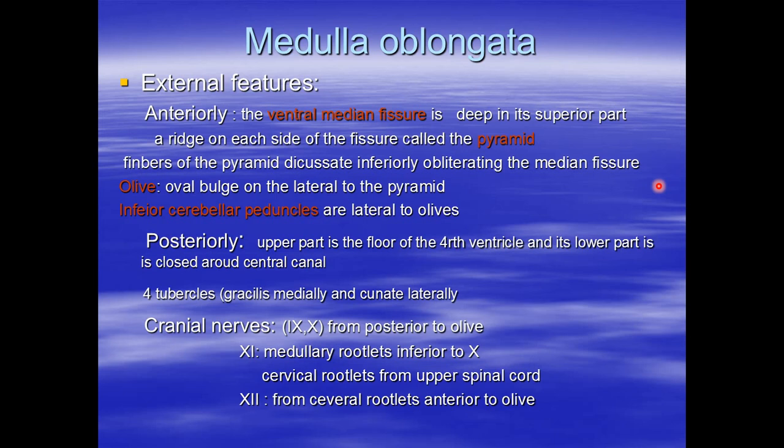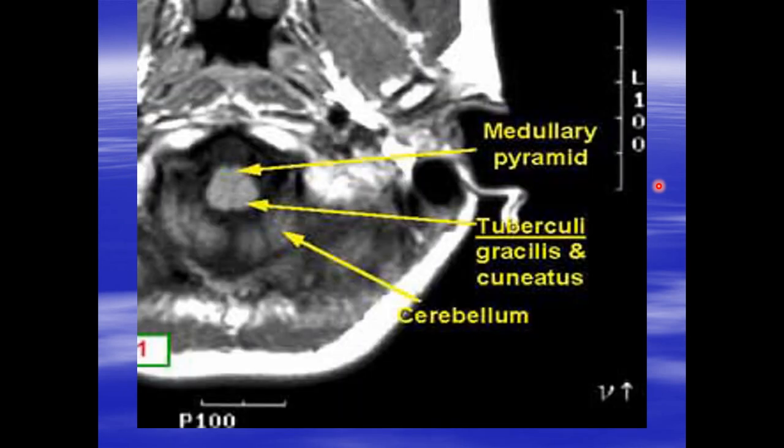The 11th has medial rootlets inferior to the 10th, cervical rootlets from the upper spinal cord, while the 12th cranial nerve, the hypoglossal nerve, arises from several rootlets anterior to the olive. So we have the 9th, the 10th, the 11th, and the 12th, 4 cranial nerves arising from the medulla oblongata.